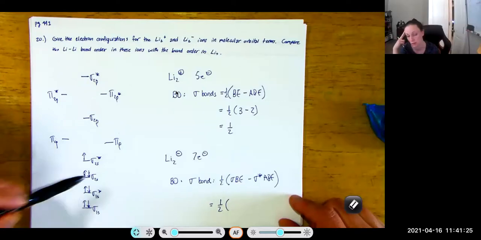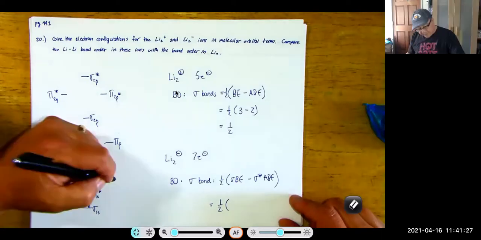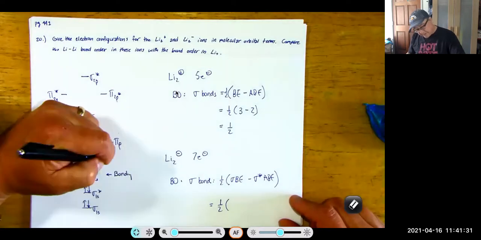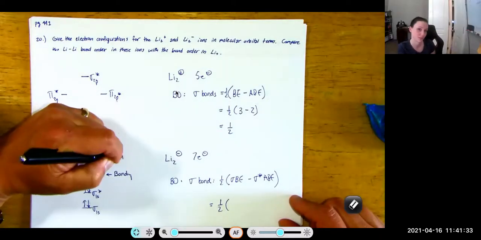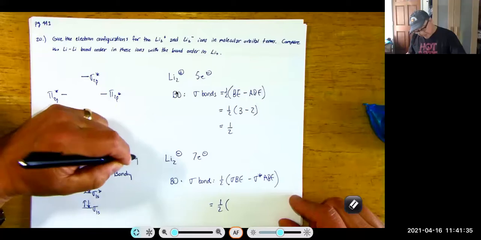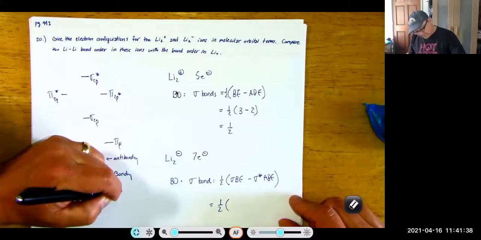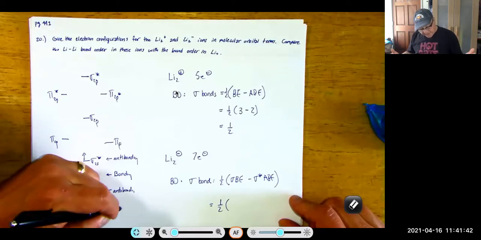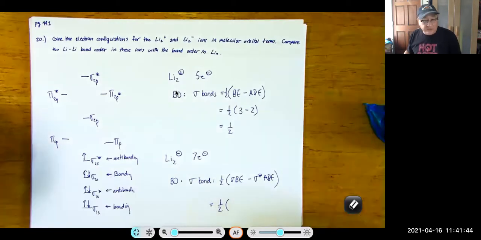This is a bonding orbital. This is anti-bonding. This is anti-bonding. And this is bonding. So basically, anti-bondings have a star, bonding don't.